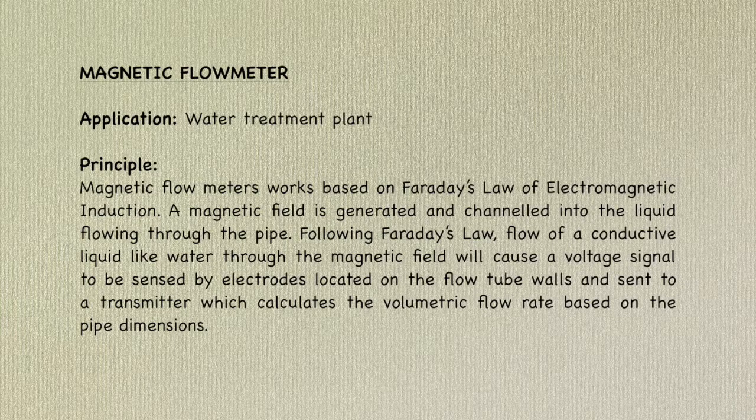A magnetic field is generated and channeled into the liquid flowing through the pipe. Following Faraday's law, flow of a conductive liquid like water through the magnetic field will cause a voltage signal to be sensed by electrodes located on the flow tube walls and sent to a transmitter, which calculates the volumetric flow rate based on the pipe dimensions.